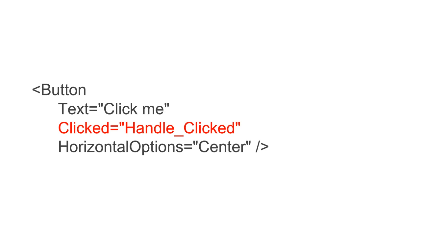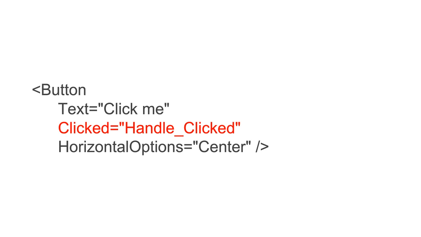You can put event handlers into that code behind. Here we have a button, and notice it has a clicked event, and what is assigned to the clicked event is a method called handleClicked. If we make this kind of assignment, then handleClicked will be in the code behind.